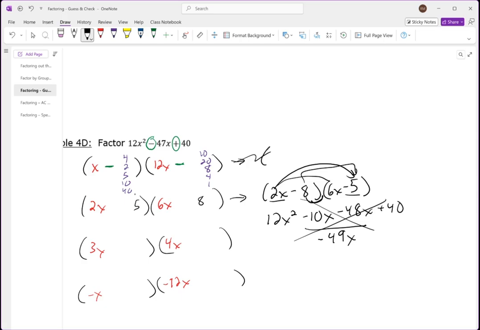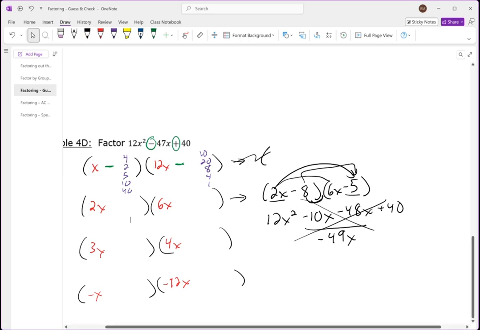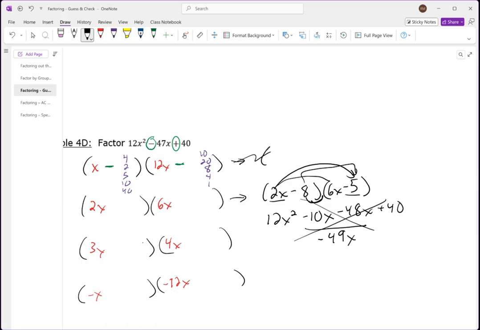No. That'd be 30. What about 8 and 5 here? Nope. Oh my gosh. So I don't want to do this problem, so I'm not going to finish it. Instead, we'll use the AC method next to solve this particular problem.